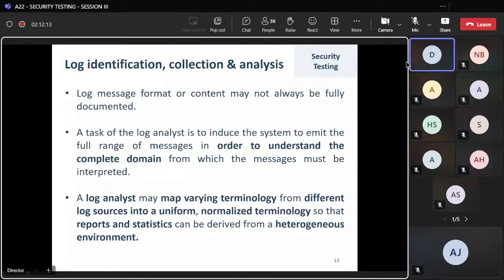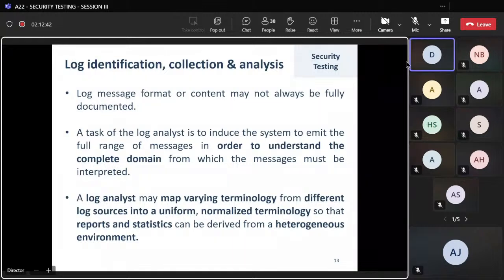For example, on one device, the error message may be called ERR, right? On another, it will be called a notification. On another device, it may be called error. So like that, different terminologies will be used on different devices. And some devices will have an abbreviation, and some will have the full form of the particular traffic or categorization.